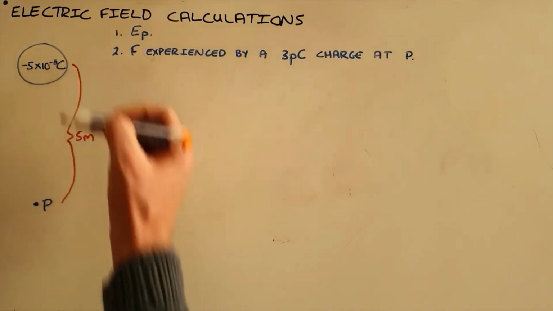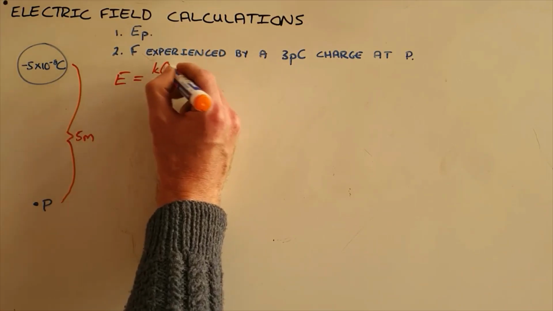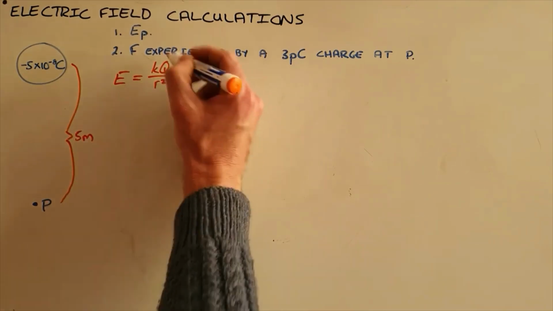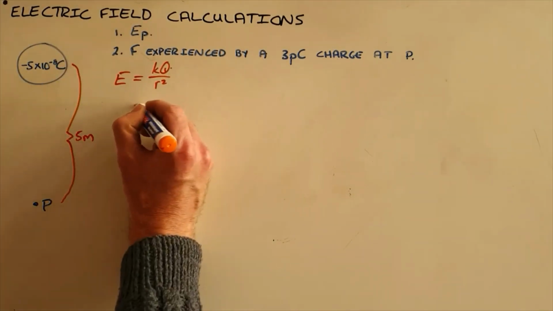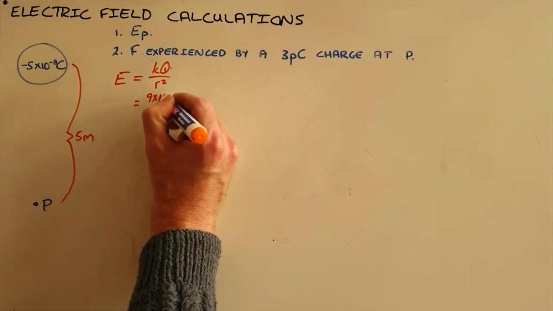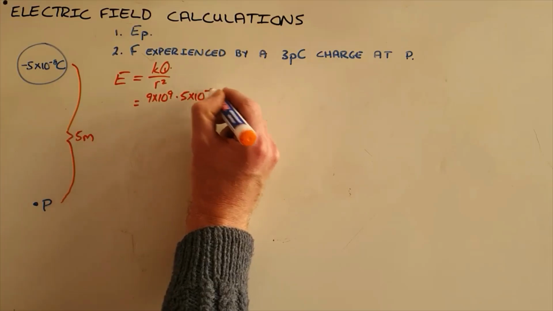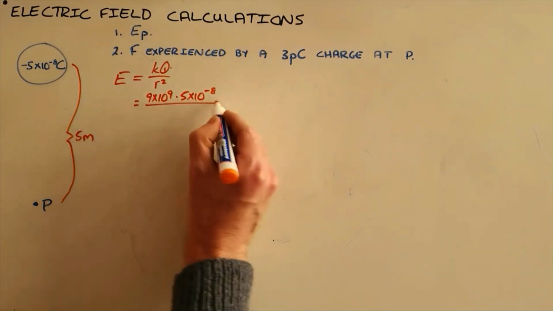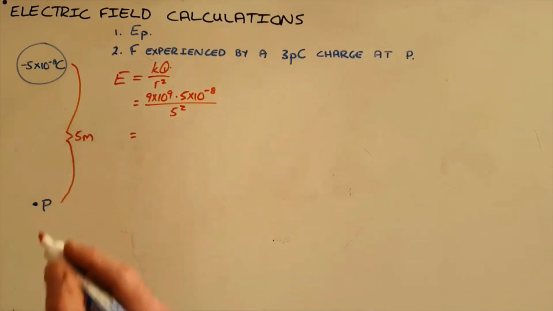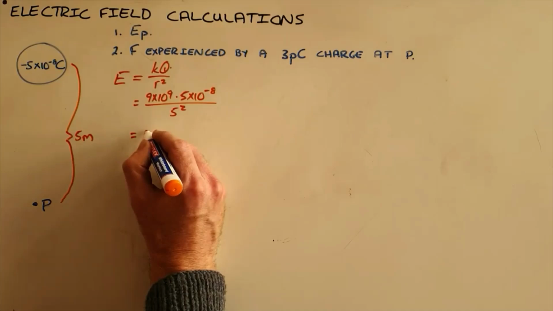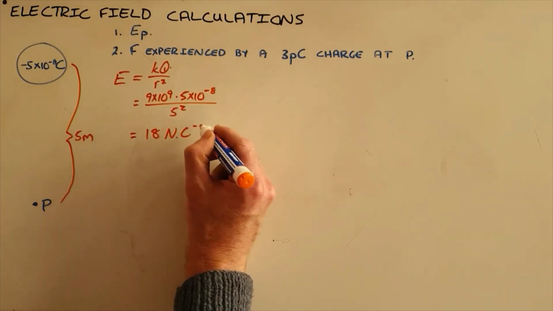Since this is the charge that is creating the electric field, we are going to use the formula E is equal to kq over r squared, because this charge refers to the charge creating the electric field. k, we know, is our constant, and q is given to us as 5 times 10 to the -8 coulombs, and the distance between them measured in meters is 5 squared. So this tells us that the electric field at this point is 18 newtons per coulomb.